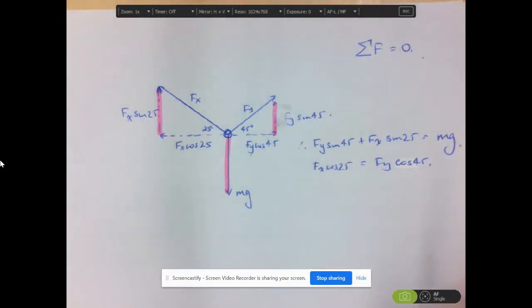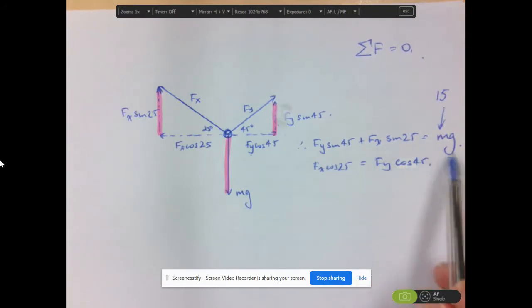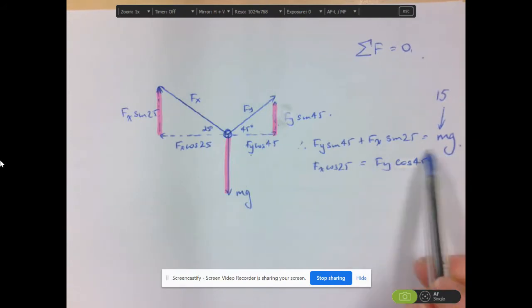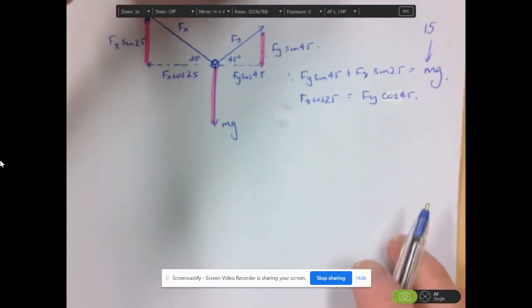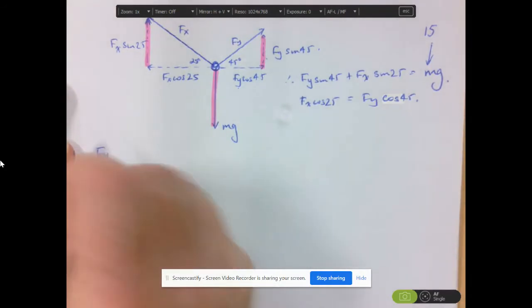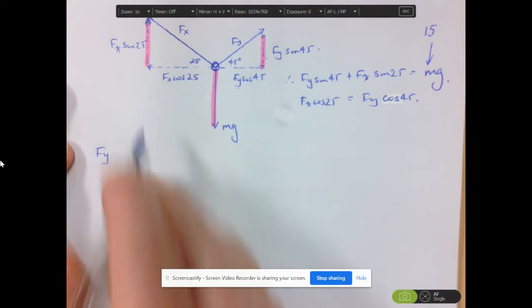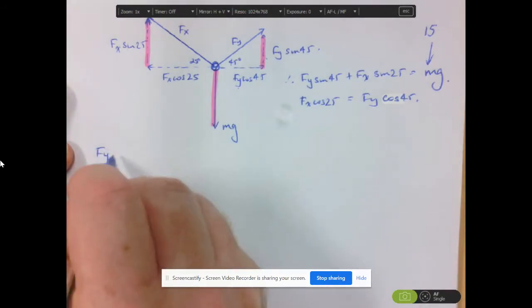Right, now we do know what m is over here, so that is 15. So we can actually use all this information and get a value for mg. So just rewriting them, I'm just going to move up slightly. Got all of our stuff there. So Fy sine 45. Now we do know that sine 45 is 1 on root 2, but I'm just going to leave it as sine 45 for a moment.